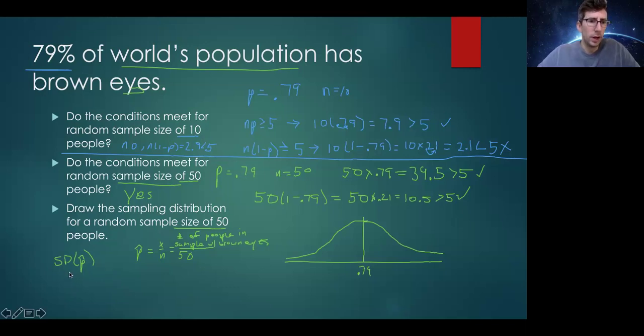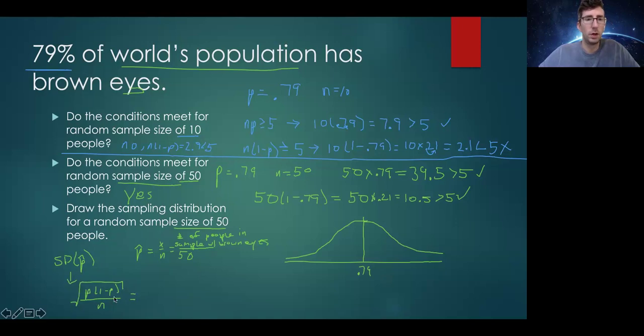And so our standard deviation of our p hats, which we need to finish this sketch, is going to be equal to p times 1 minus p over our sample size, and all of that we'll have to take the square root of, right?